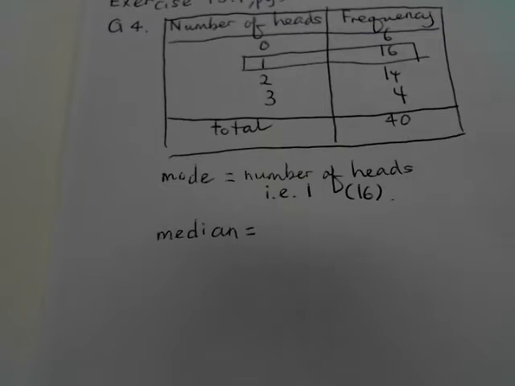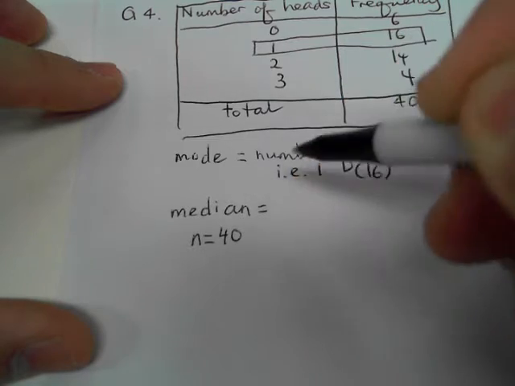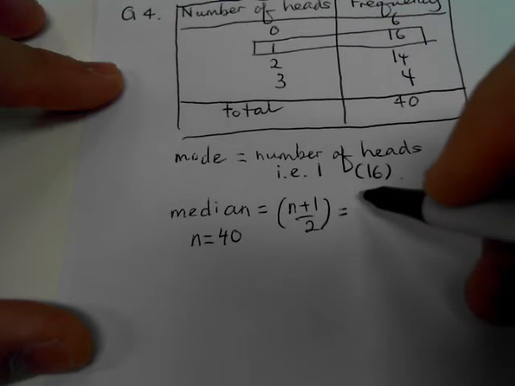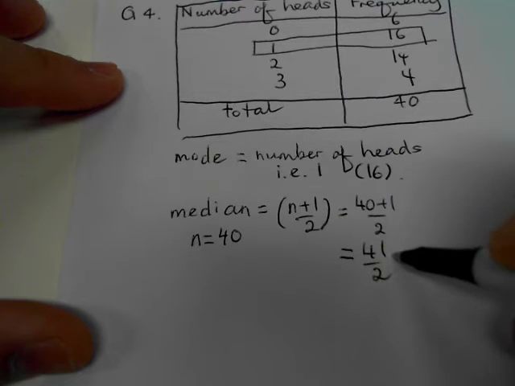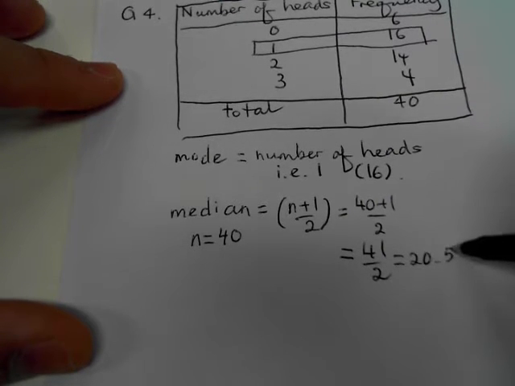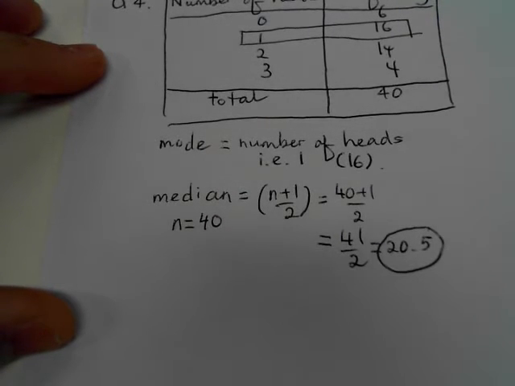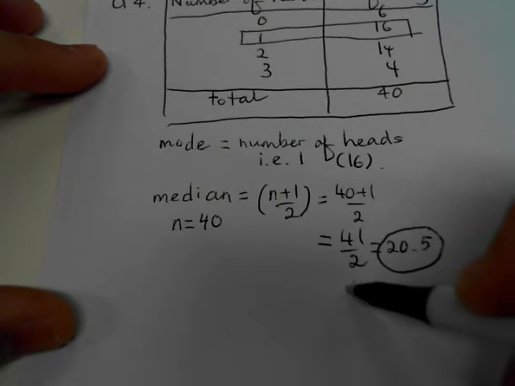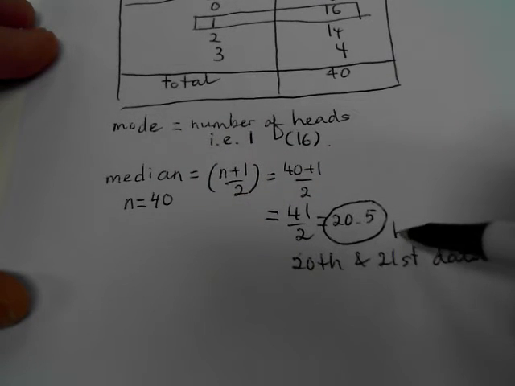In this case, n is 40, and if we employ n plus 1 divided by 2, that would be 40 plus 1, equals 41 divided by 2, and that would be 20 and a half. What does 20 and a half mean? Yep, good. Everyone is getting the answer. It's between the 20th and also the 21st data.